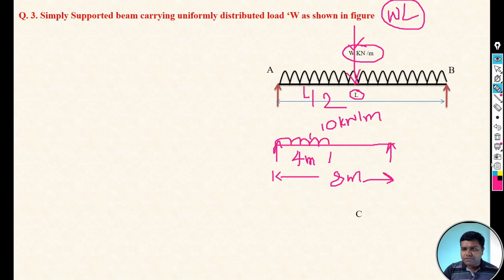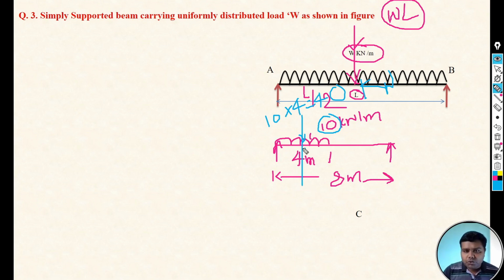As we discussed, first we have to multiply load into span. So here the load is 10, and the span over which the UDL is spread is 4 meter. So the point load is 10 into 4, that is 40 kilonewton, and that load will act at the center of where the UDL is covered.